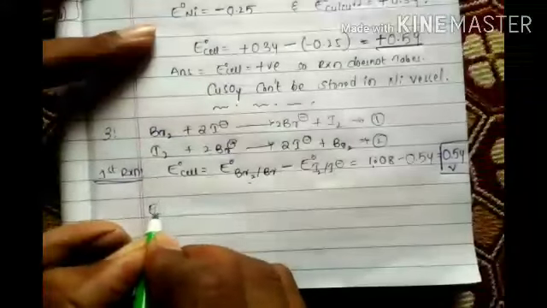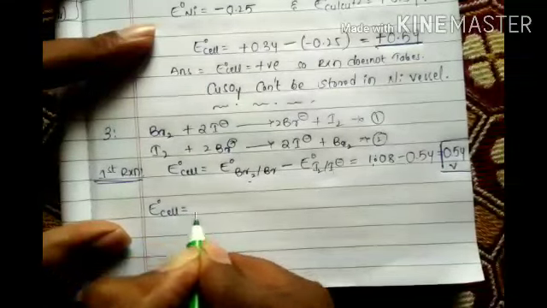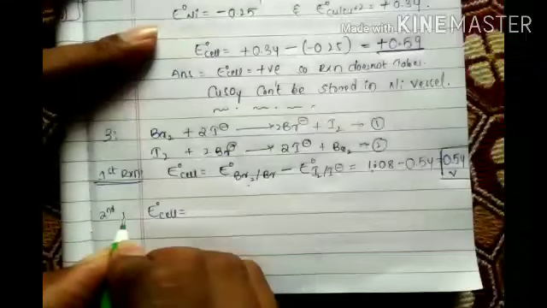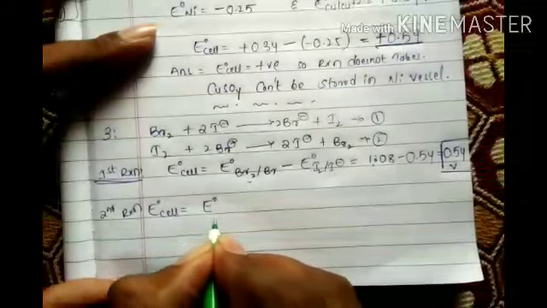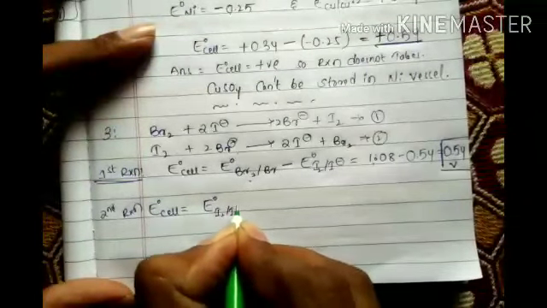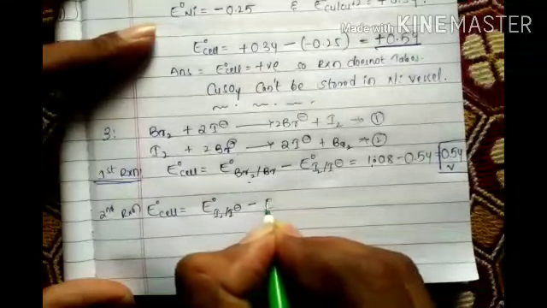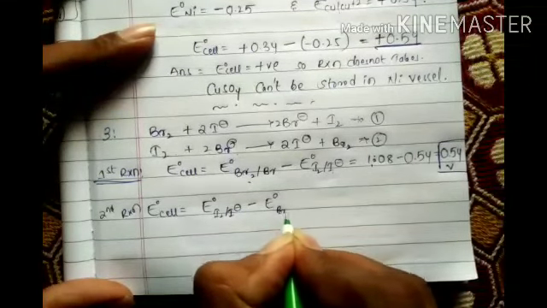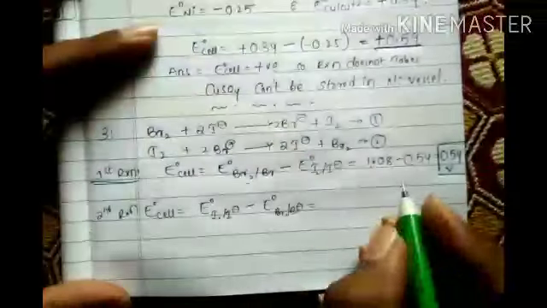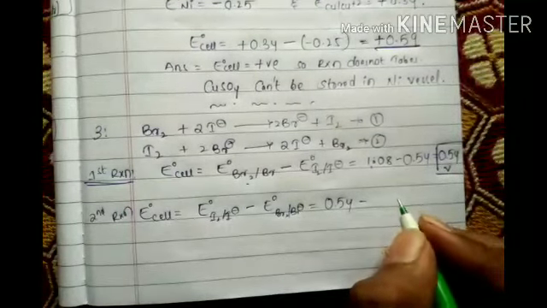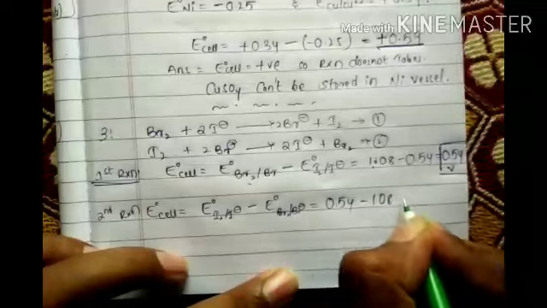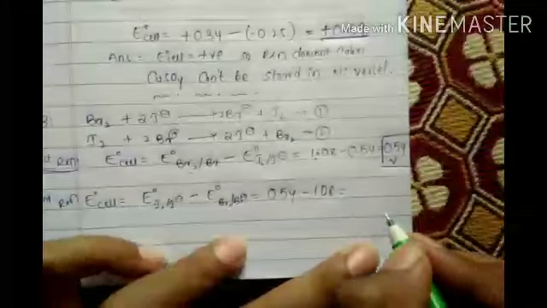Second reaction, E naught cell: E naught of I2/I minus minus E naught of Br2/Br minus equals 0.54 minus what? 1.08. How much will the answer come?